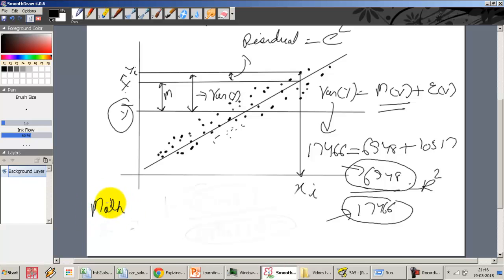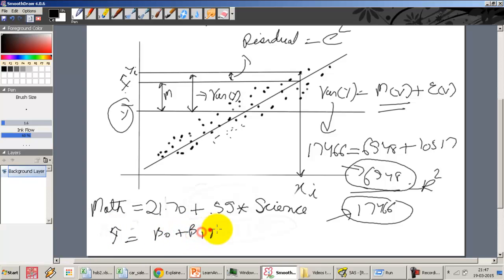So math is equal to 21.70 plus 0.59 into the science score of the student, and that's my model. So math, which is my dependent variable y or y hat, is simply beta naught plus beta 1 times x. Beta naught is 21.7, beta 1 is 0.59, and x is my independent variable, which is science, and that's the regression model that we've built.